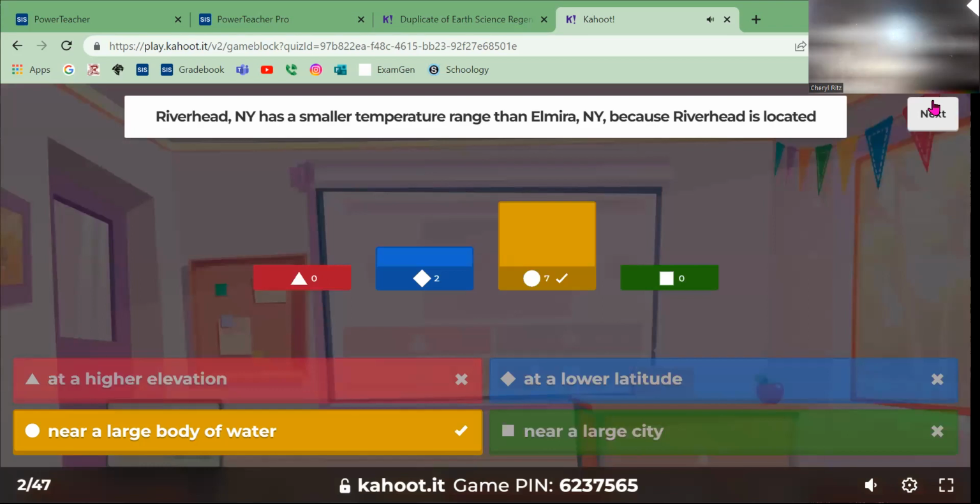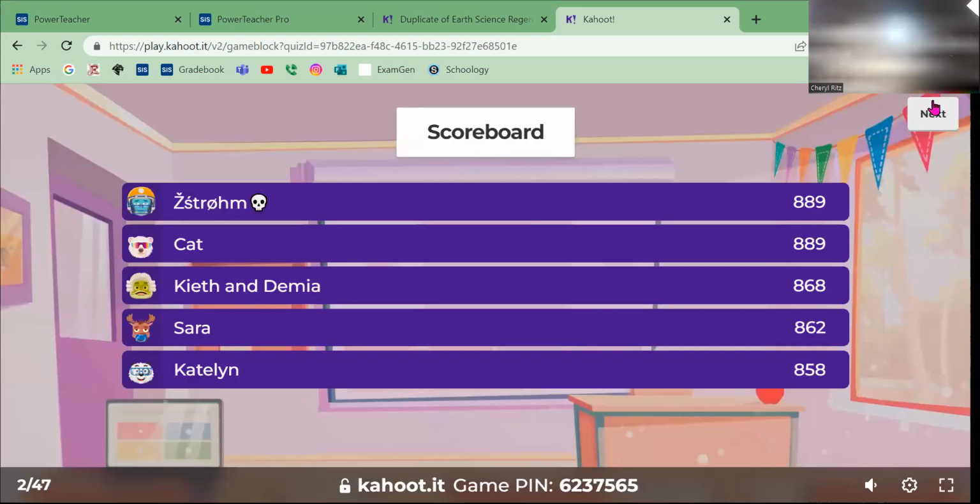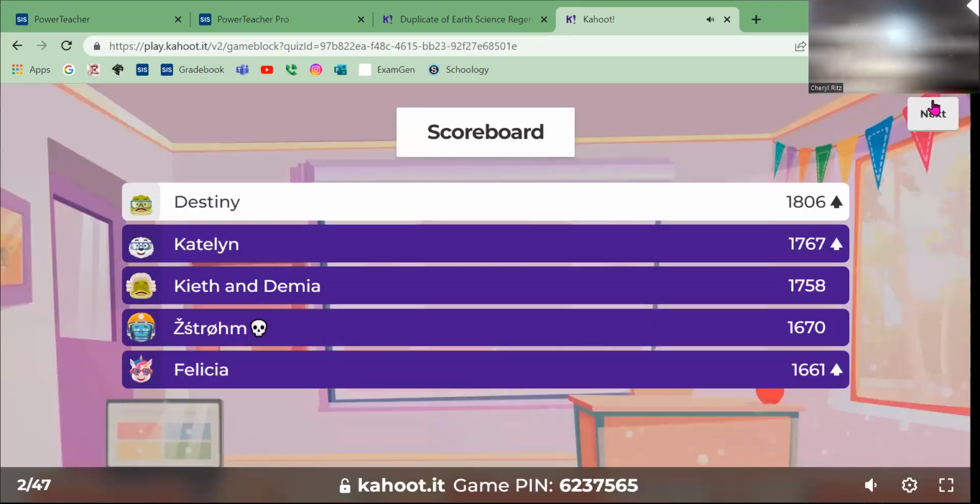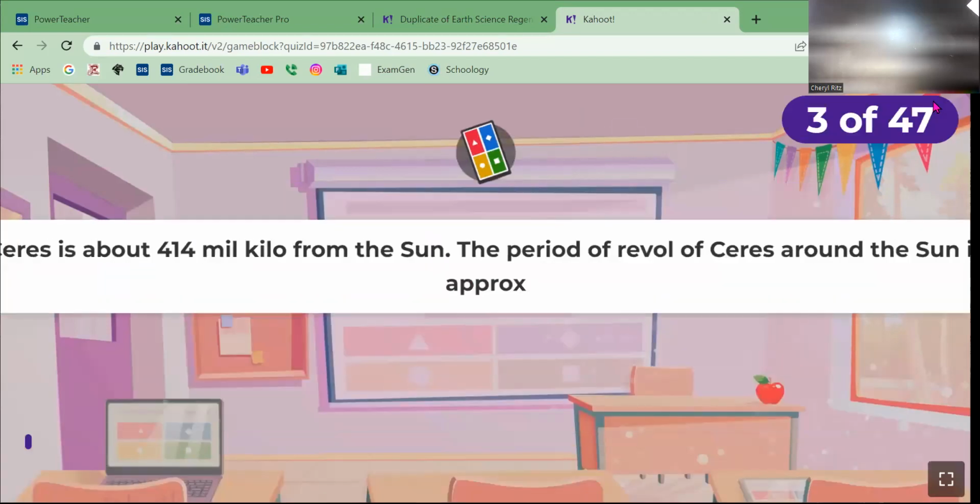So Riverhead is, yes, at a slightly lower latitude, but not much. But the fact that it's surrounded by a large body of water means it'll have slightly warmer winters, slightly cooler summers, smaller temperature range. Oh, wow. I literally got that right. Yeah, because you had to read it yourself.